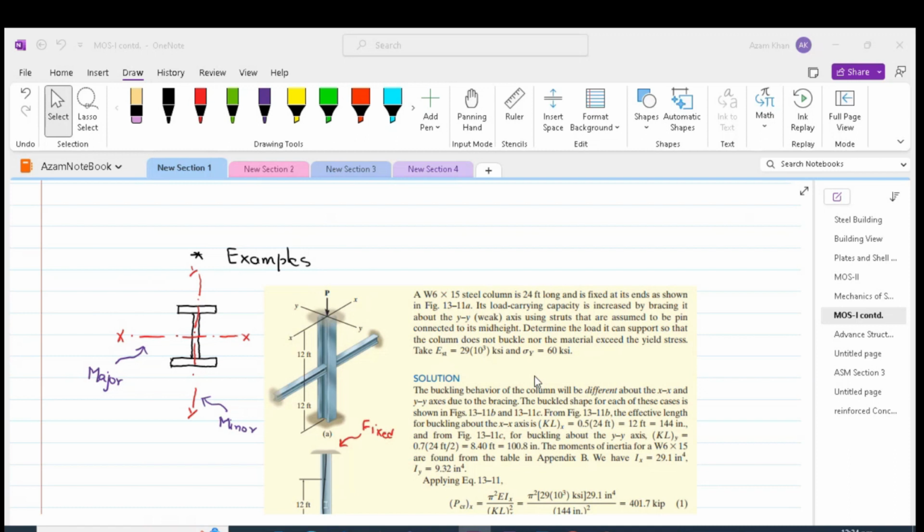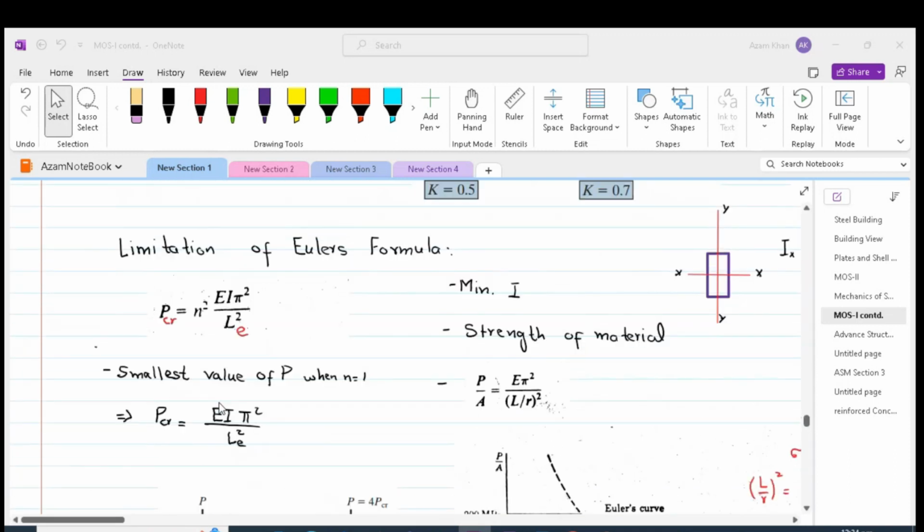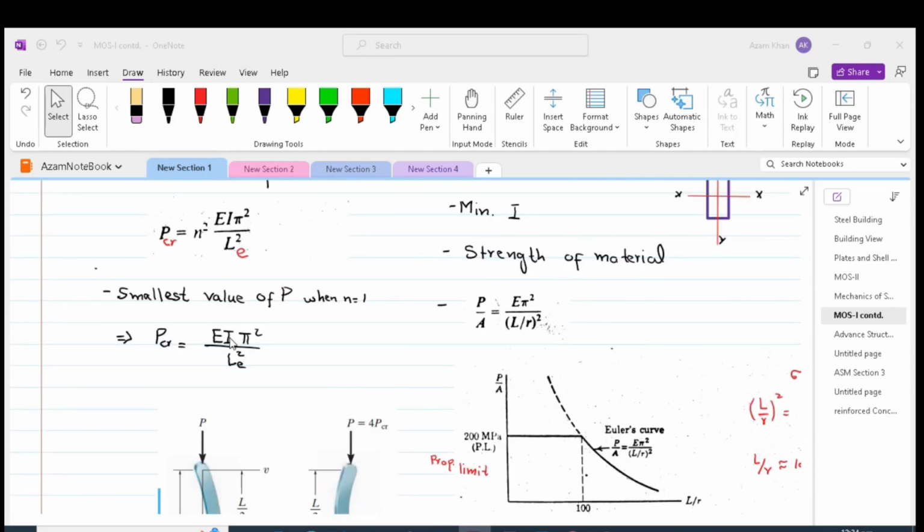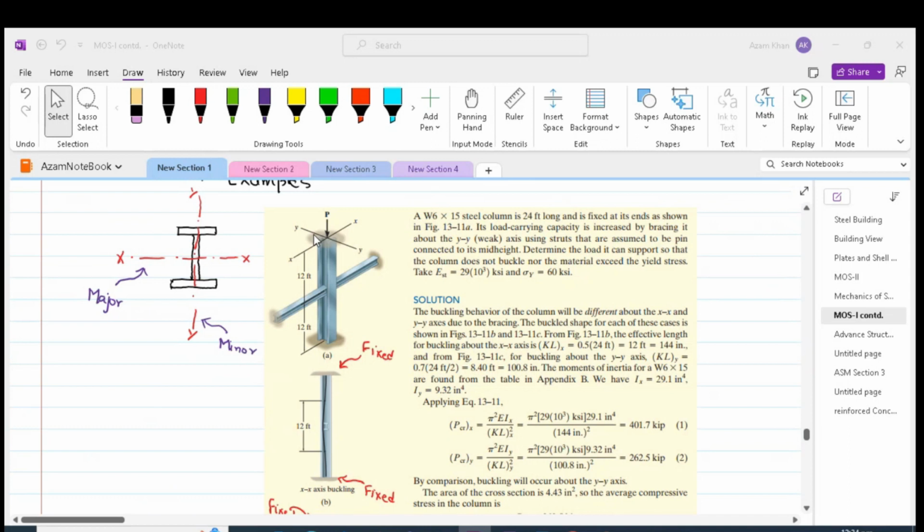The important thing to appreciate is the units. We have to be very careful in using this formula and making sure that the units are consistent in the numerator and denominator. In this equation, we have to find the minimum moment of inertia and the effective length. As we can see, the column has two axes, or in other words, there are two potential axes about which the column can buckle.